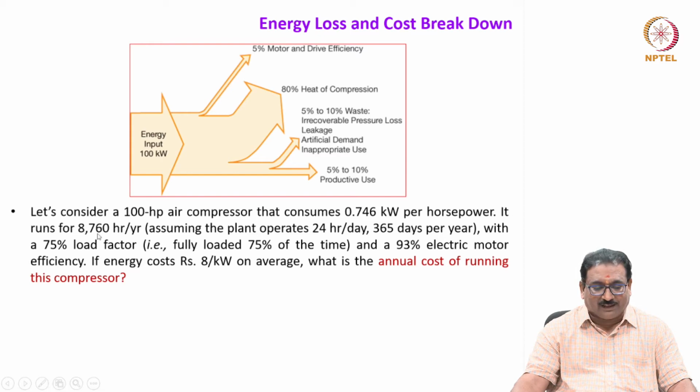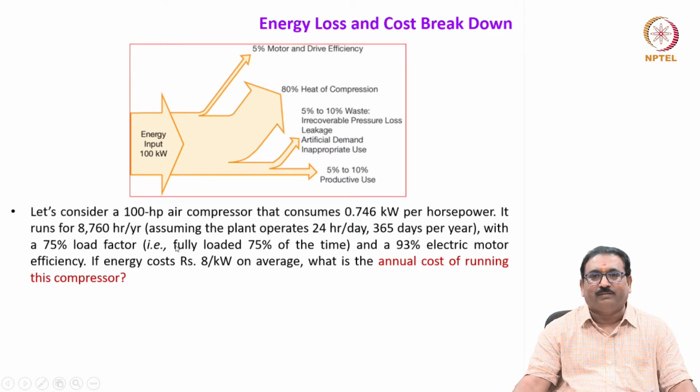Assuming this, I am getting these many hours, with a 75% load factor. What is this? Fully loaded 75% of the time, and 93% electric power efficiency. If energy costs rupees 8 per kilowatt-hour on average, what is the annual cost of running this compressor?